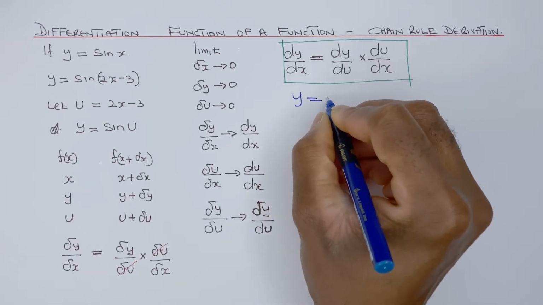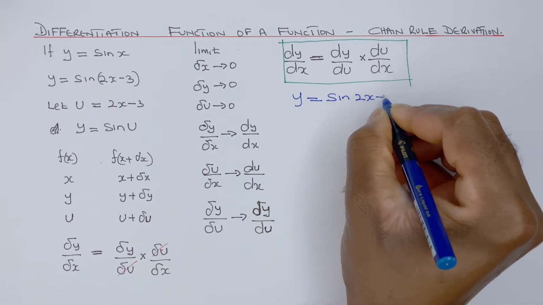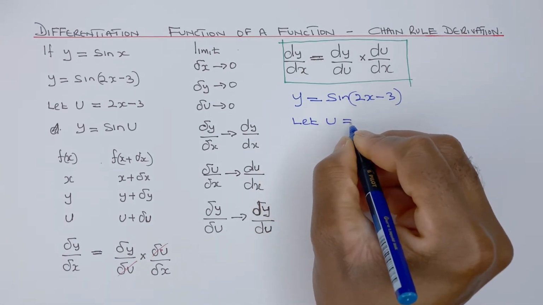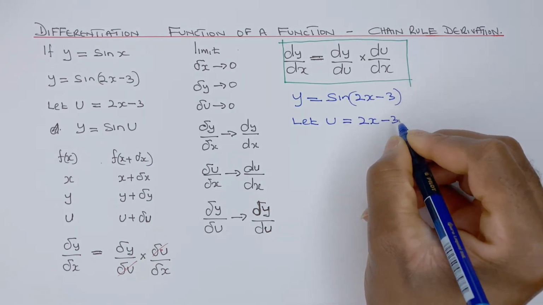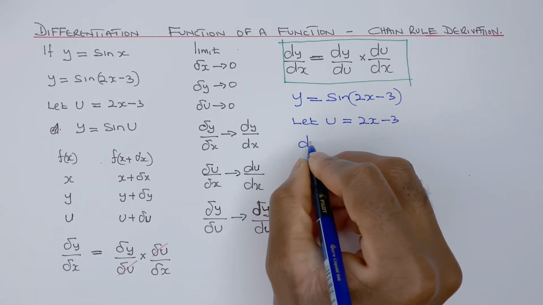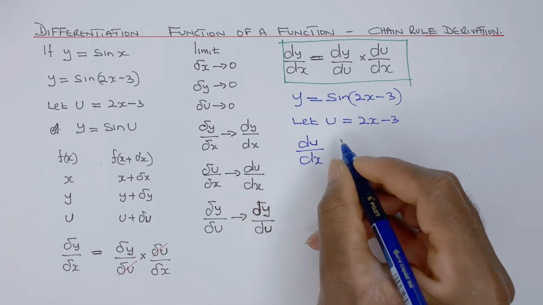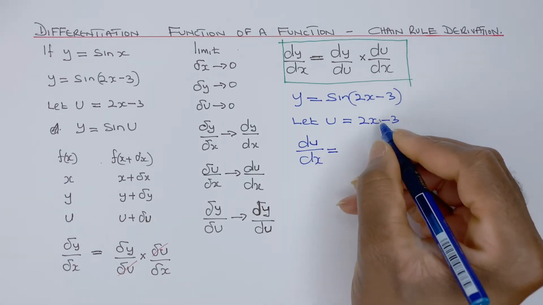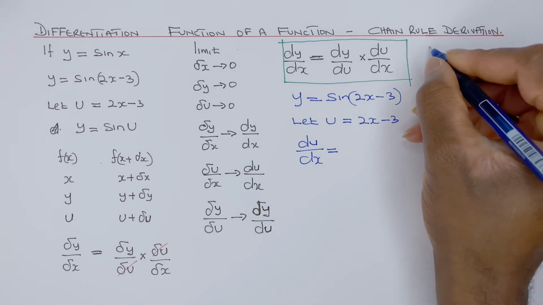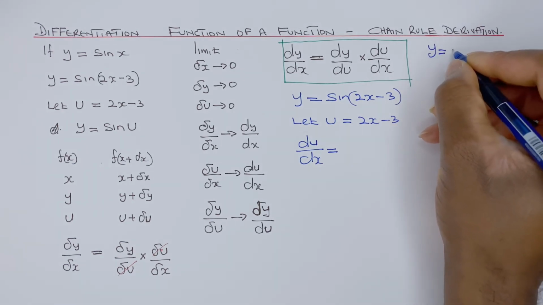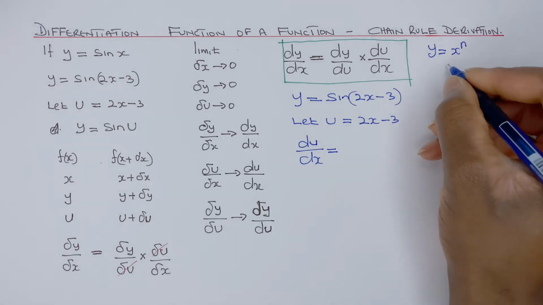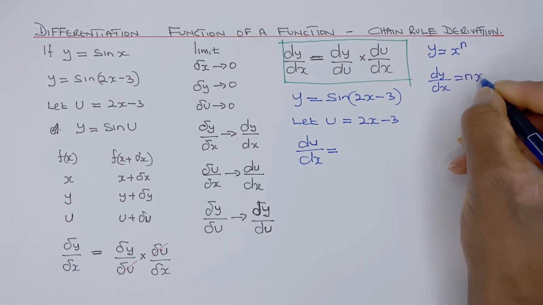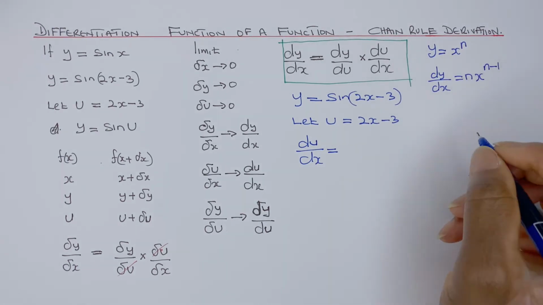y equals sine 2x minus 3. We'd say let u equals 2x minus 3. Therefore, du dx, because u is a function of x now, will be, well, we know when we're doing differentiation, y has to be in the form of x to the power of n, and then we can say dy over dx equals n x to the power n minus 1.